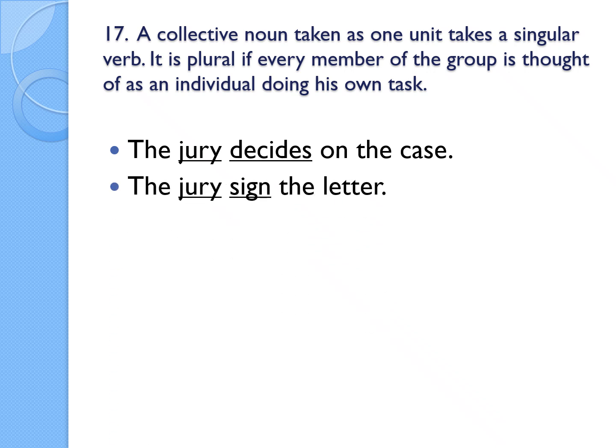But in the sentence, the jury signed the letter, the jury is thought of as individuals doing his or her own task. That's why the verb is plural, signed. The jury signed the letter because they are considered as individuals doing their own task. In the first sentence, the jury decides on the case, the jury is taken as one unit, one group.